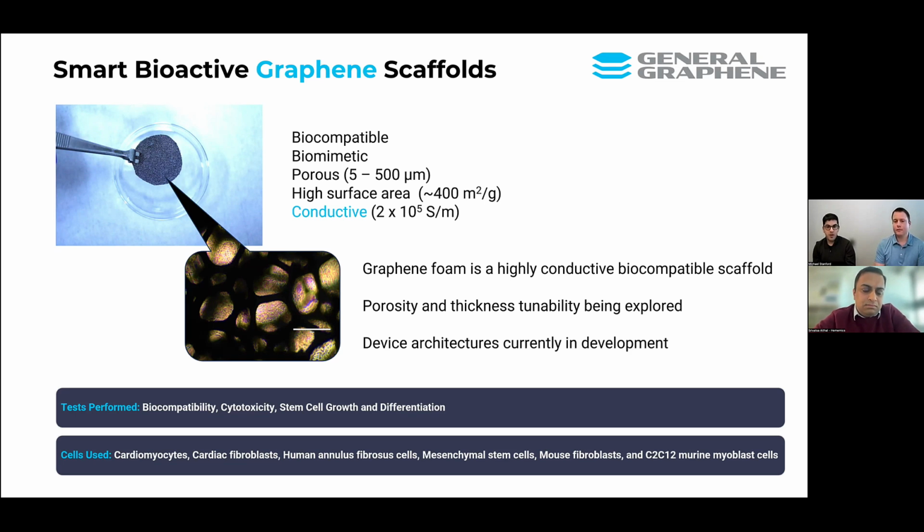Biocompatibility, which we've been validated for. We've also been validated that we're not cytotoxic and offer a platform that supports enhanced stem cell growth and differentiation. And this has been observed not for one or two cell lines, but across a variety of specialized and unspecialized cells.